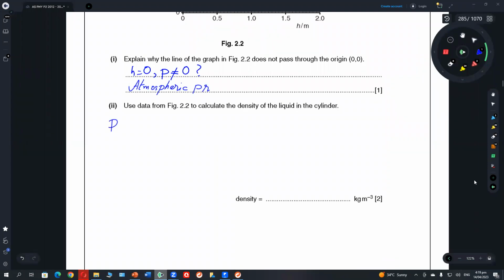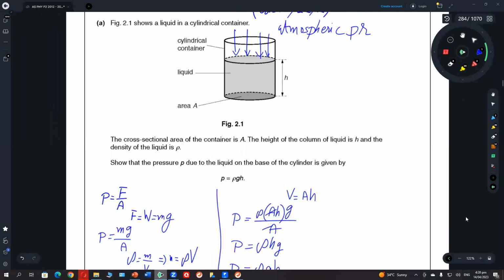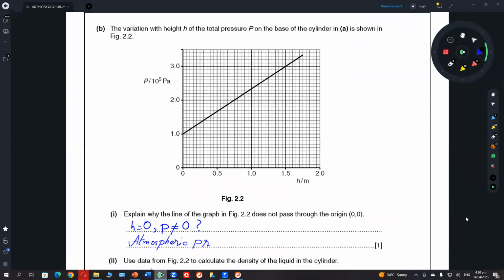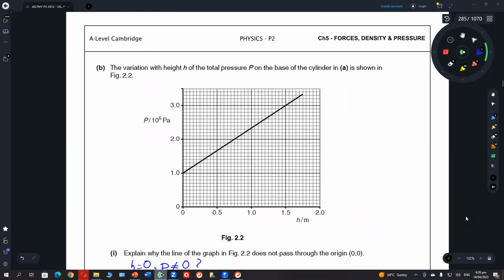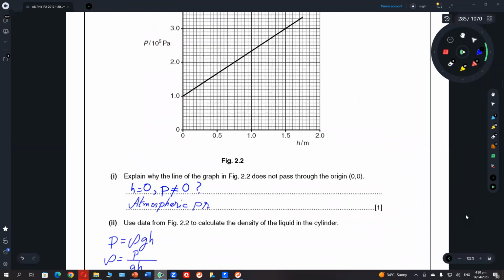So the formula is P is equal to rho gh. If you rearrange it, this was the formula, and now we can take a reading, or I think if we think about the concept of gradient, we can also go through this because the graph is P upon h.